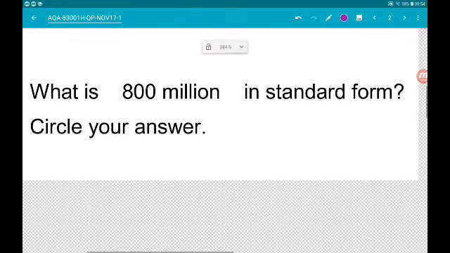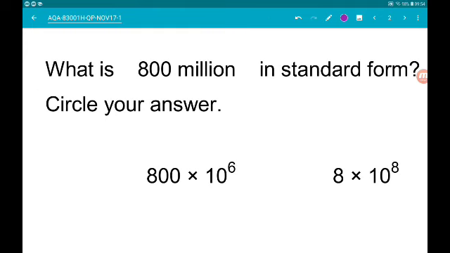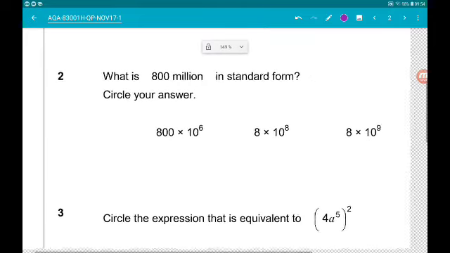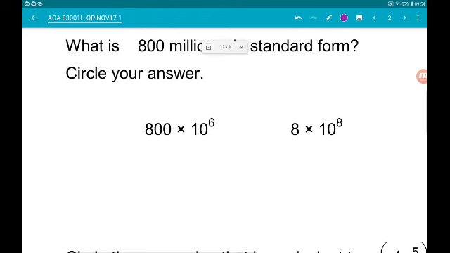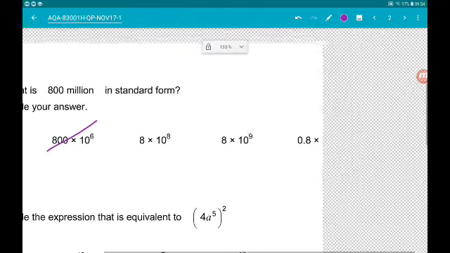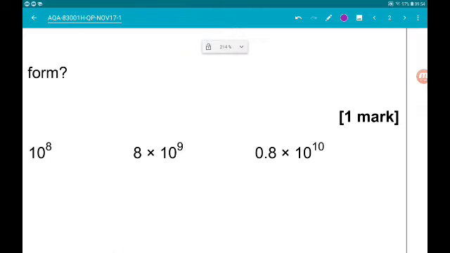Question 2. What is 800 million in standard form? So, standard form is always a single digit between 1 and 9. It can then have a decimal point, but doesn't need to. So, we can rule that one out, and we can rule that one out.